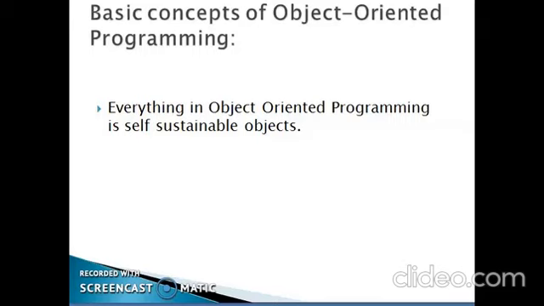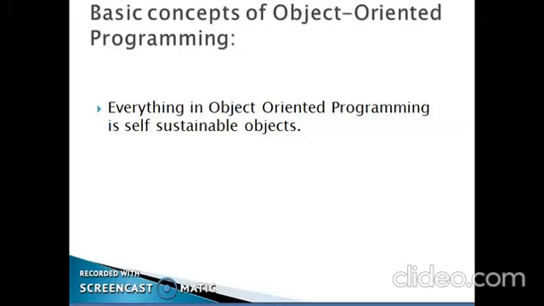That means if you want to solve a problem using a structural or procedural programming language, you solve the problem by dividing it into a set of functions or set of procedures. That means it is a straightforward, sequential way of solving the problem.